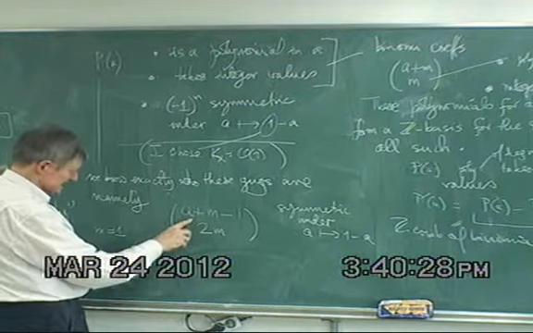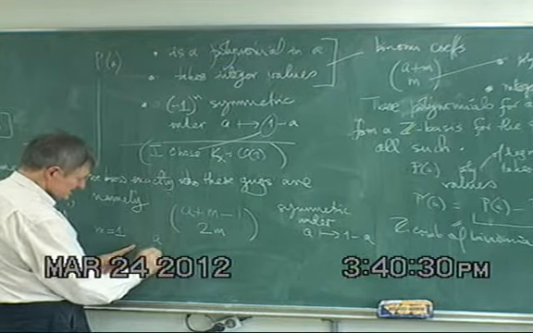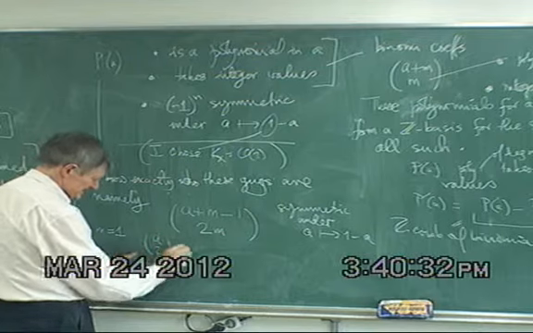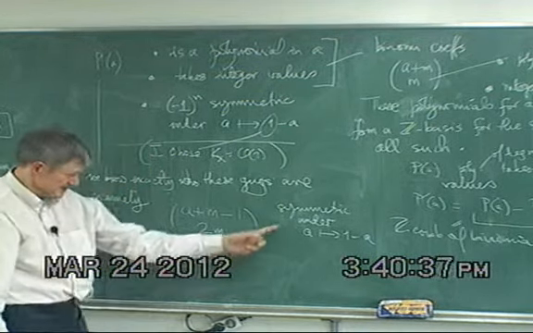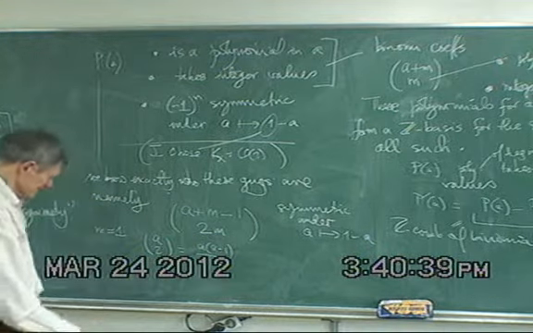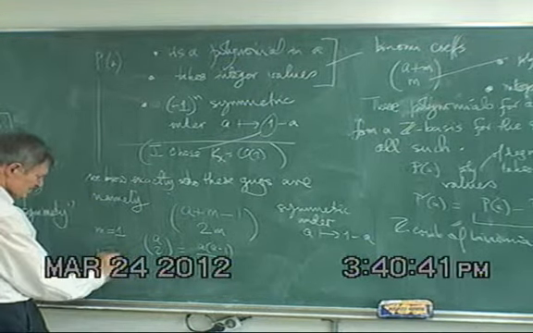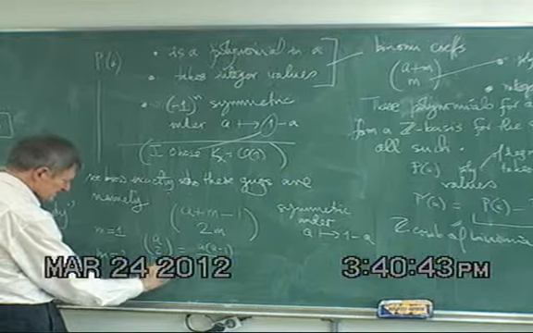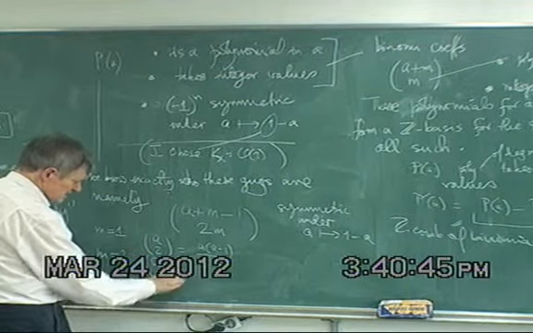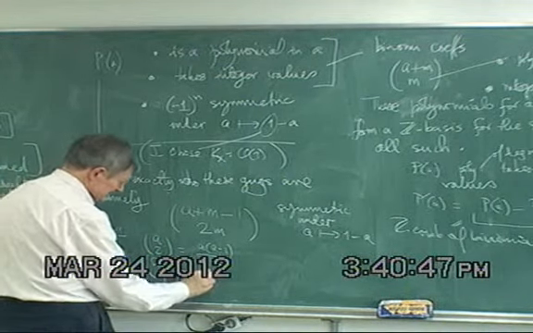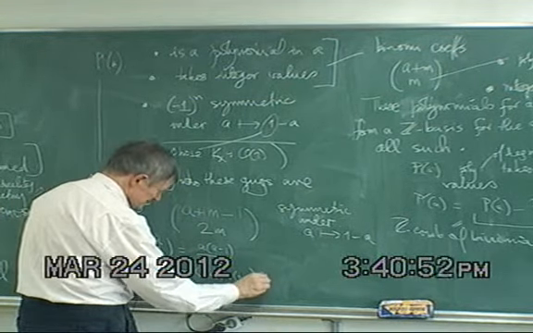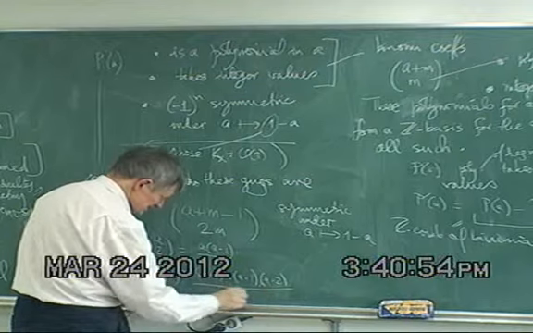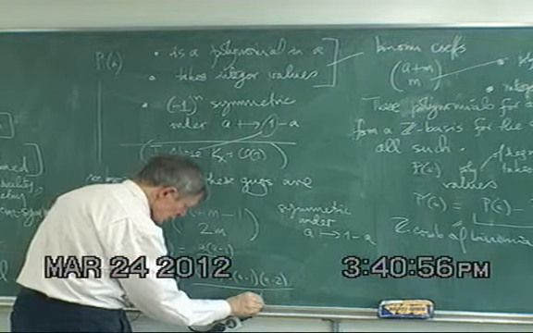Now what am I writing down here? I'm writing down A choose 2. So this is A times A minus 1 over 2. So it is indeed symmetric under A goes to 1 minus A. For m equals 2, this is A plus 1 choose 4. So this is A plus 1 times A times A minus 1 times A minus 2 over factorial 4.